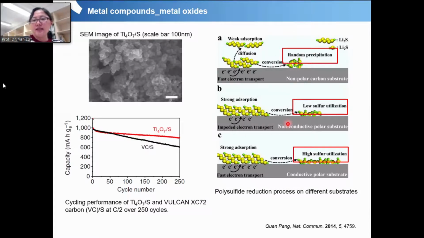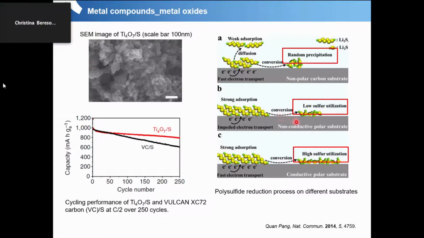And of course, you can have a strong absorption, and in that case you can have the polysulfide confined in your substrate.